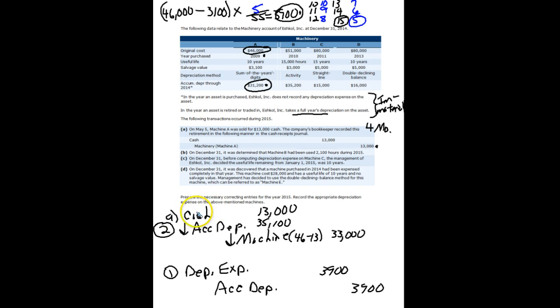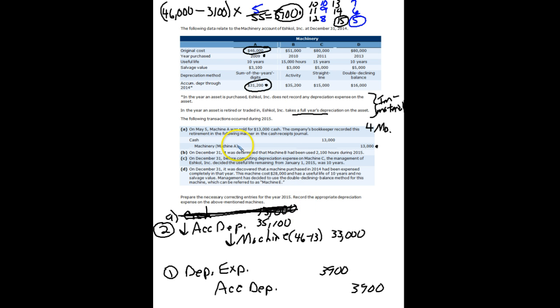By the way, I want to go back up here. I need to scratch this out, don't I? Because they've already recorded this. So they've already done that. We're not going to do that again. I was just kind of stating what they have done when I wrote that down. So it's correct that they debited cash, $13,000.